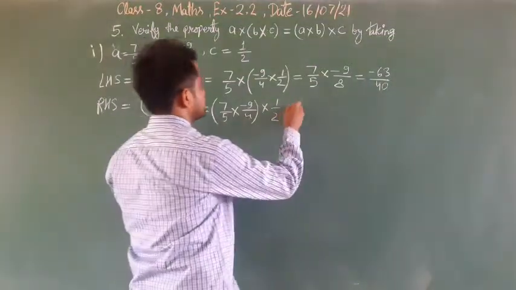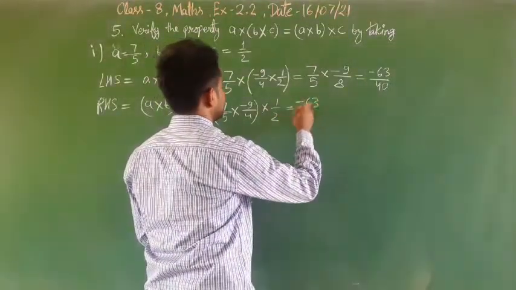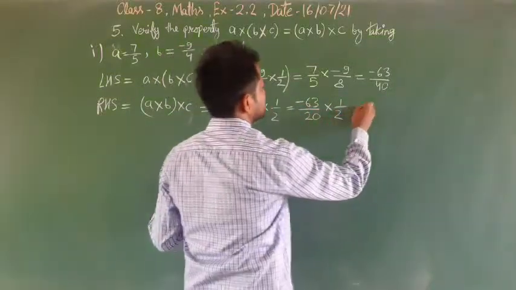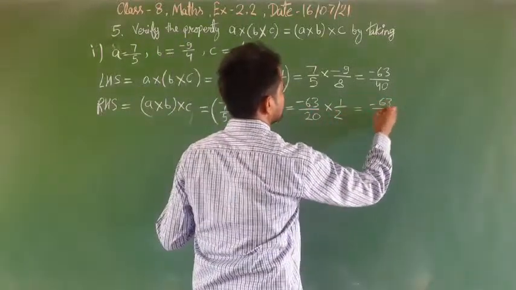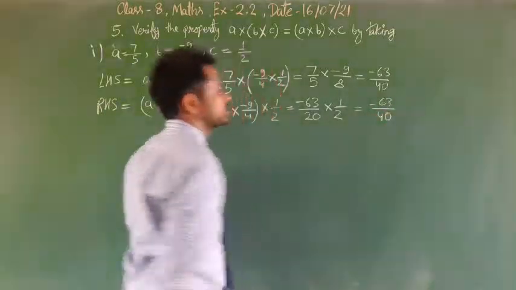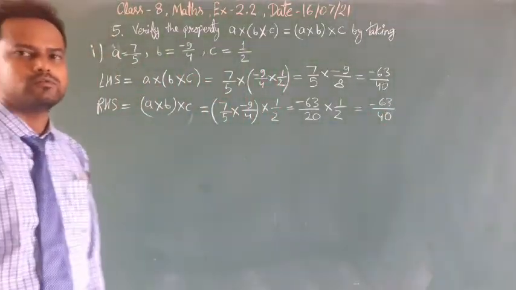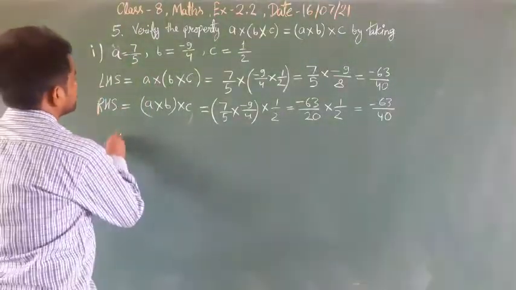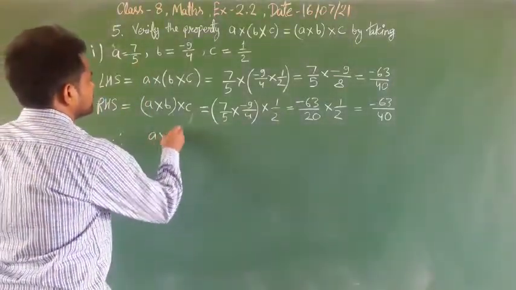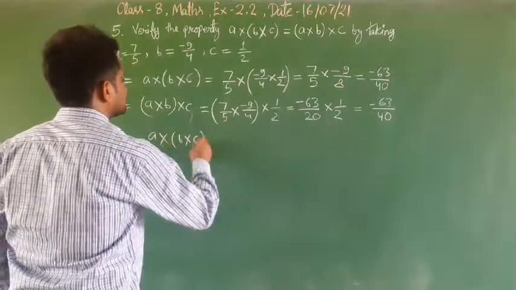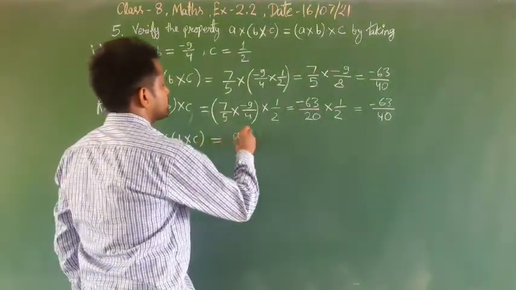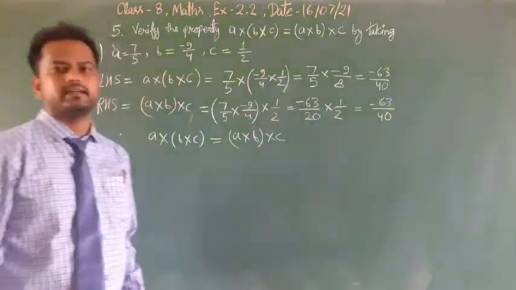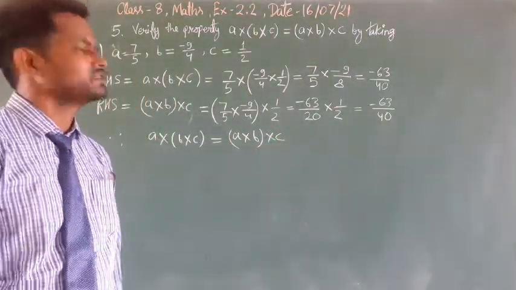We get minus 63 by 20 into 1 by 2, which is minus 63 by 14. So both values are the same. Therefore we can say that A into (B into C) is equal to (A into B) into C. It is verified. Pause the video and note it down.